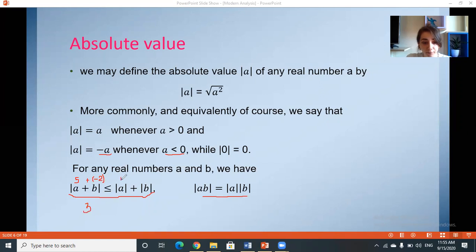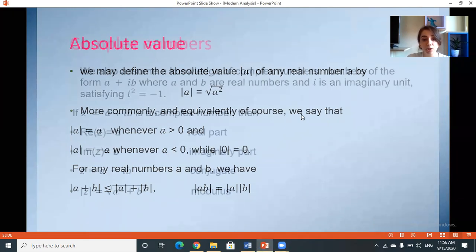Modulus of 5 is 5 again, and modulus of minus 2 is positive 2. You see, 3 is less than or equal to 5 plus 2. Okay, we proved this fact, and let's continue.